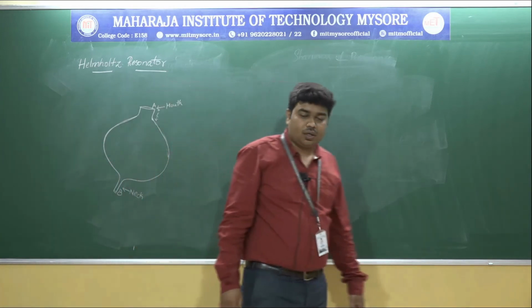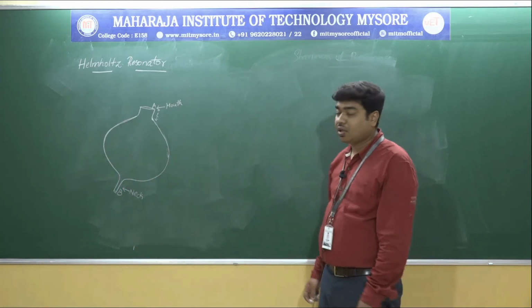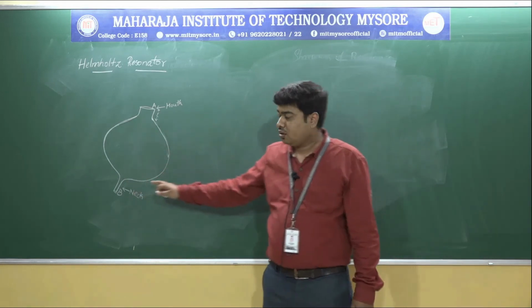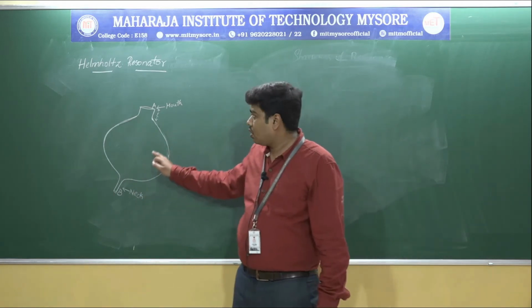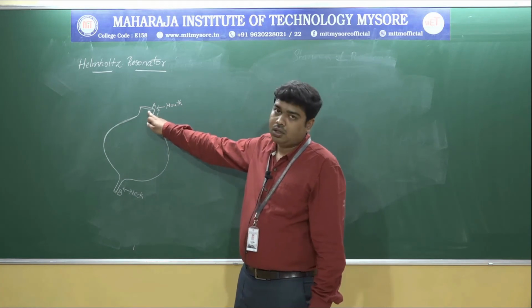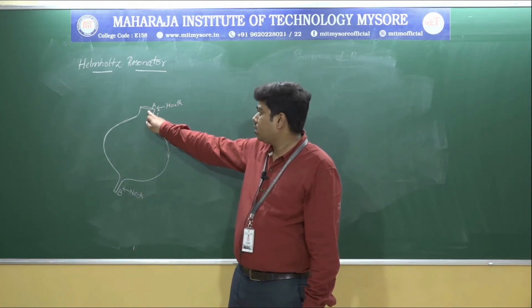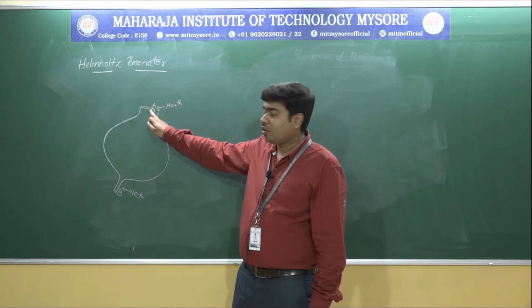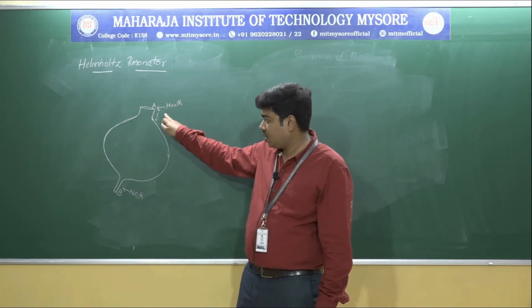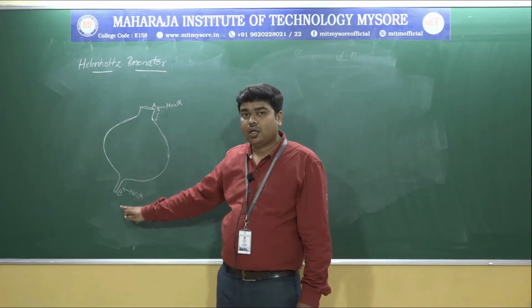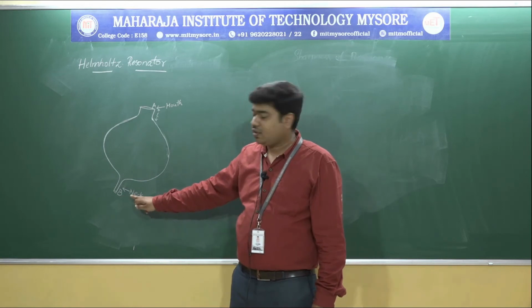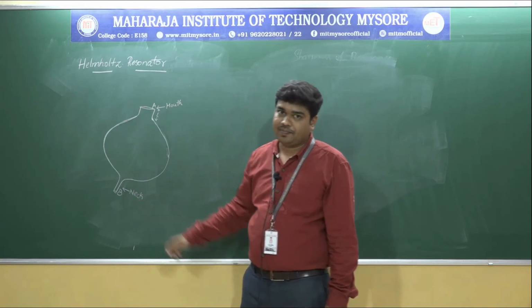Now, in the case of the resonator, particularly the Helmholtz resonator, it's a hollow vessel which consists of one broad opening which is called the mouth, where the length of the broad opening is represented by L, and at the other end of the resonator there is a very small narrow opening which is represented by B, called the neck.